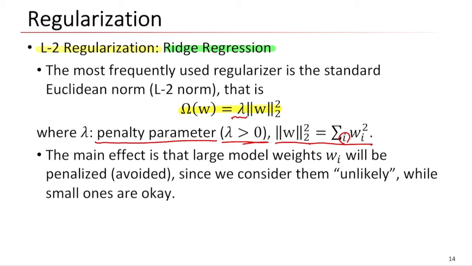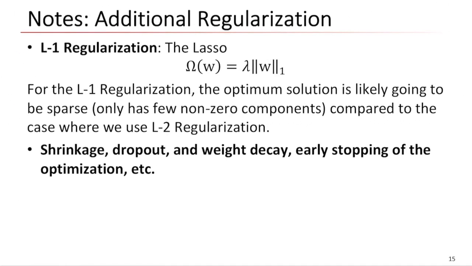The main effect is that the large model weights Wi will be penalized or avoided, since we consider them unlikely. We don't want large model weights, so we want to penalize those large model weights. So this is the role of the regularization.